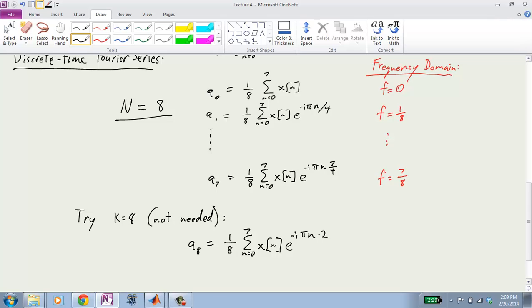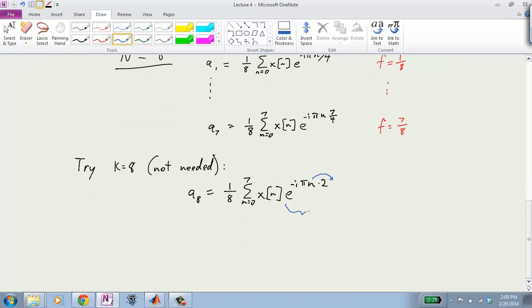Of course, we can pull the n out here. All right. And this is e to the negative i 2 pi n. This is e to the minus i 2 pi to the n. What's e to the minus i 2 pi?